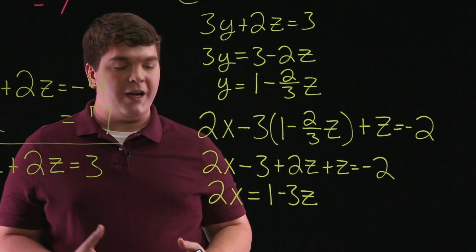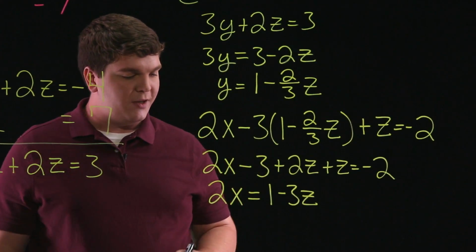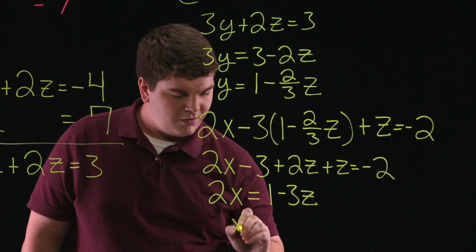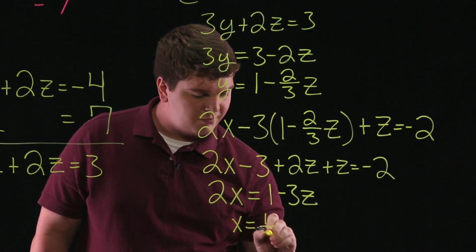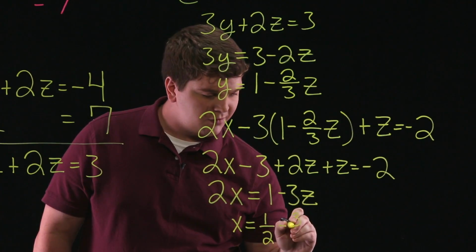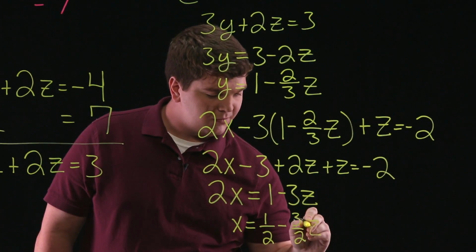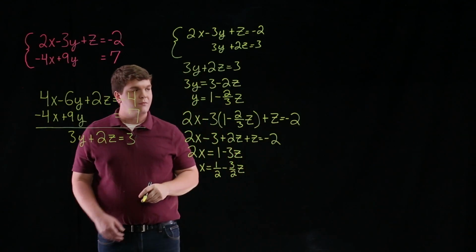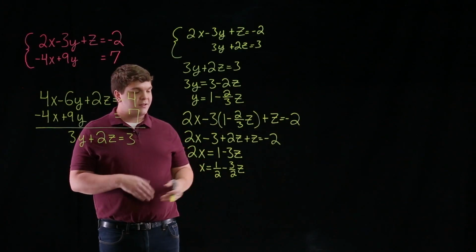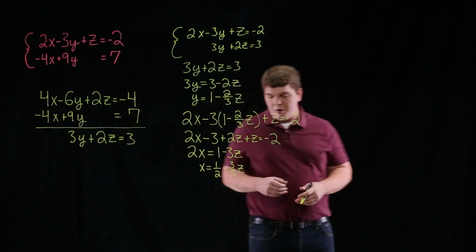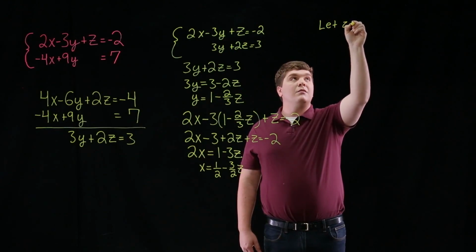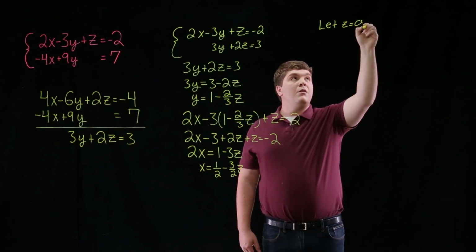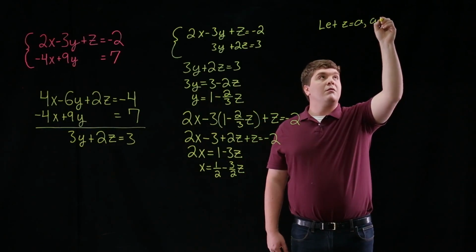And finally, we can solve for x by dividing both sides of the equation by 2. So we have x is equal to 1/2 minus 3/2 z. So now, since z is arbitrary, we can let z equal a, where a is any real number.